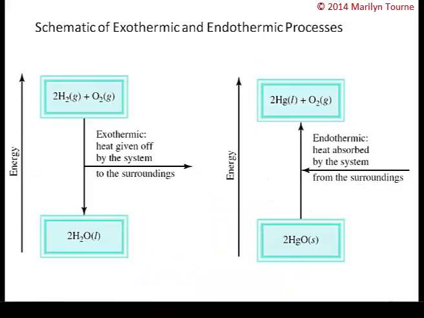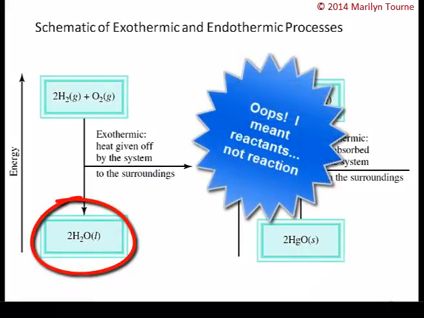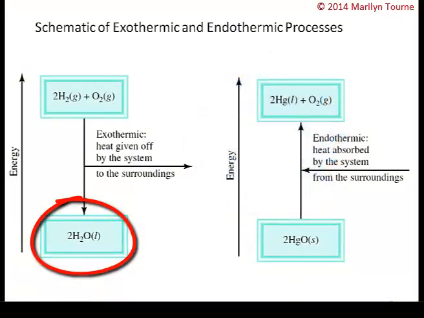Here I'm showing you a schematic of an exothermic and endothermic process using the two chemical reactions we just talked about. In exothermic reactions, the total energy of the product is less than the total energy of the reactants. That's why heat is given off by the system. And that's why the system ends up with less total energy once that reaction is over, because it's giving it off to the surroundings.